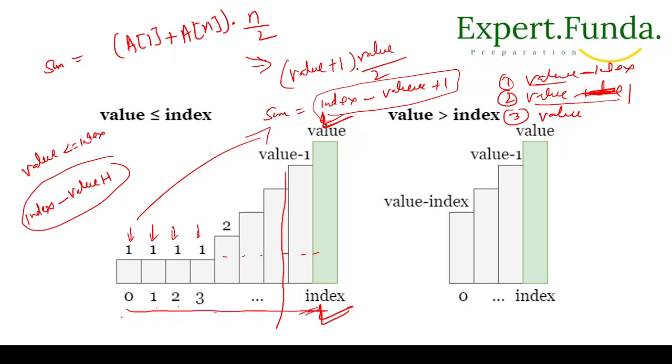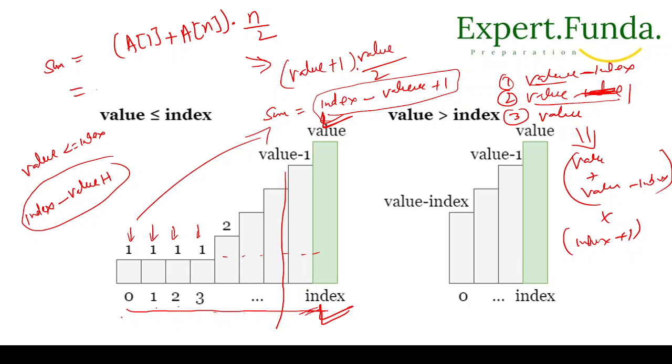And then if we do the sum, this will become value plus value minus index, and then we multiply by index plus 1 by 2, based on this formula.